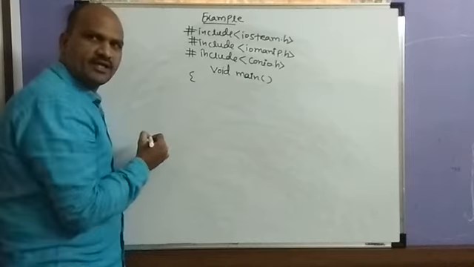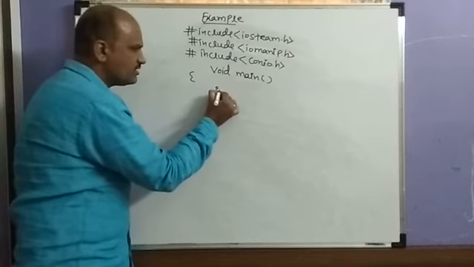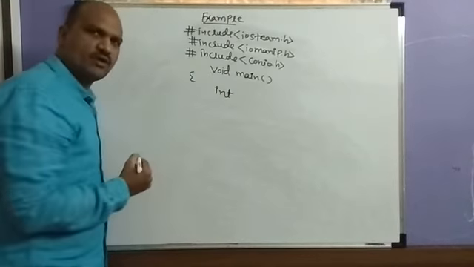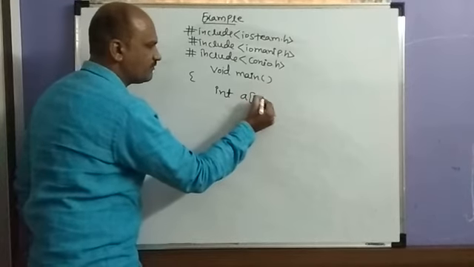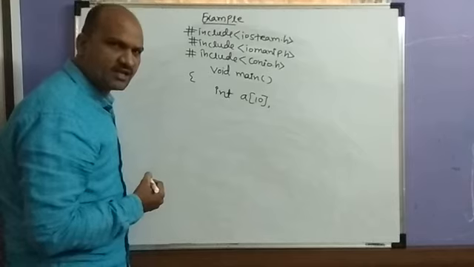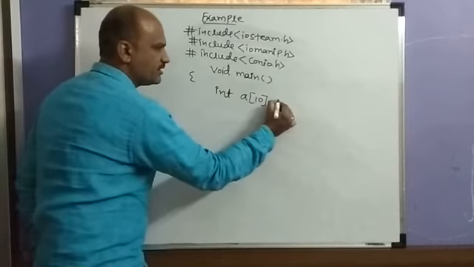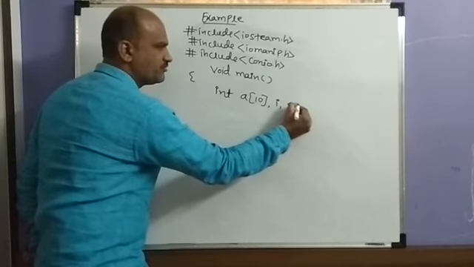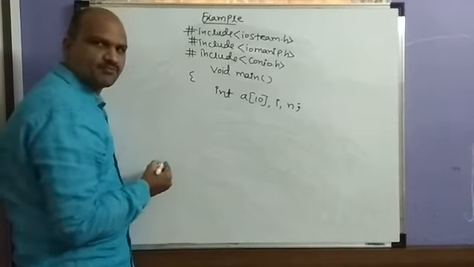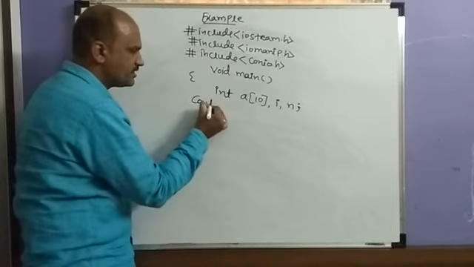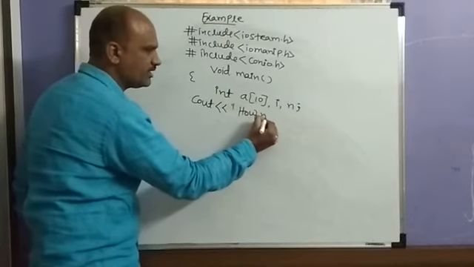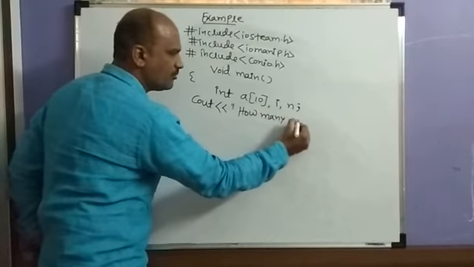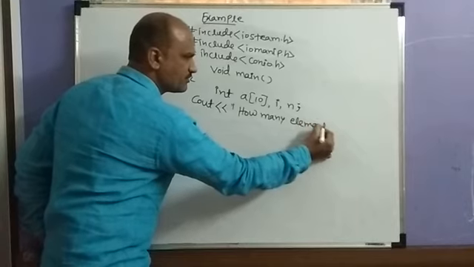Then we declare an integer array. As we are using a pointer with an array, we write a[10], a one-dimensional array. Then we declare whatever variables we require. Next, I will write cout: how many elements you want to enter.